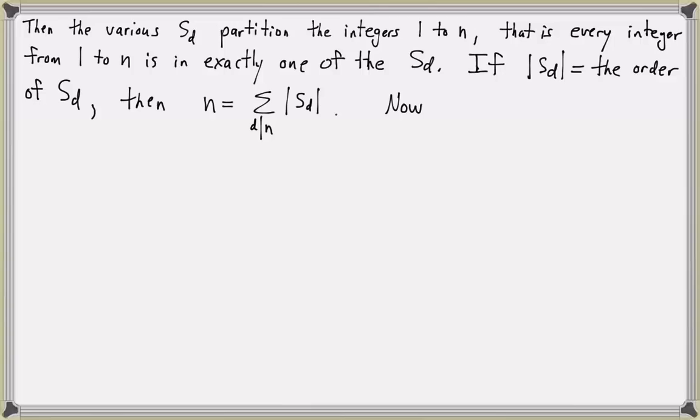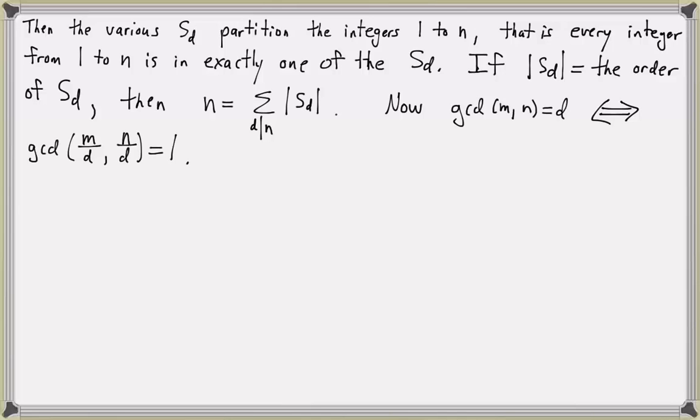So if m is in S_d, then the GCD of m and n is d. The GCD of m and n equals d if and only if the greatest common divisor of m divided by d and n divided by d is 1.